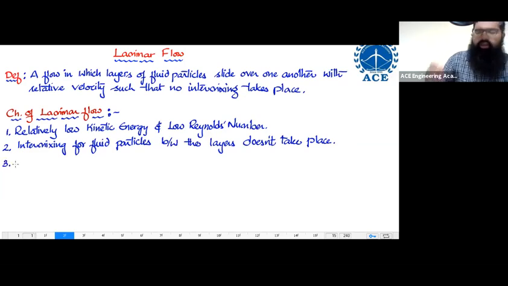Third point. Now you see, if intermixing takes place, then there is going to be collision taking place. If collision takes place, then velocity will randomly vary with respect to time.